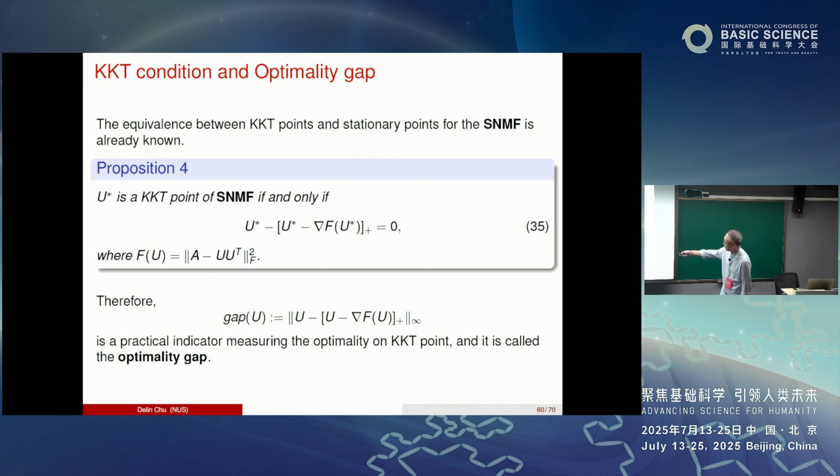According to these results, we can define the gap of U. If we look at this result, then we know the gap of U is a practical indicator we can use to measure the optimality of the KKT point. I mean, if the gap of U converges to 0, then this means our sequence converges to a KKT point. So we call the gap of U the optimality gap.